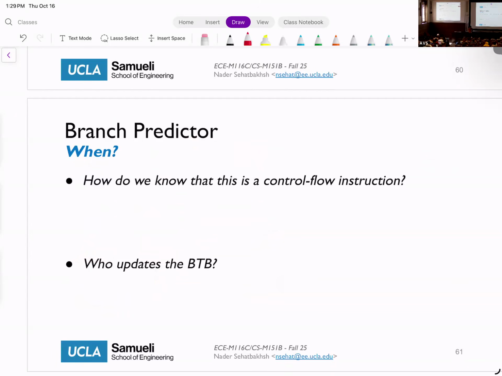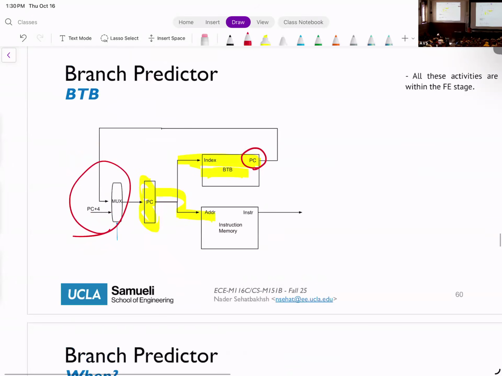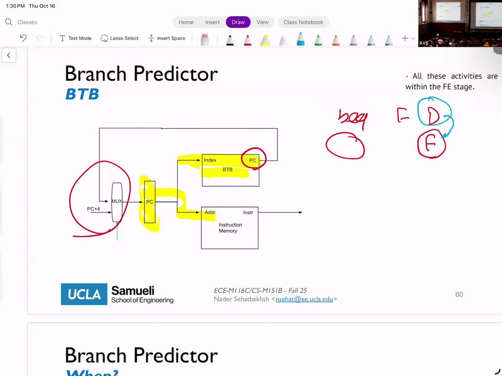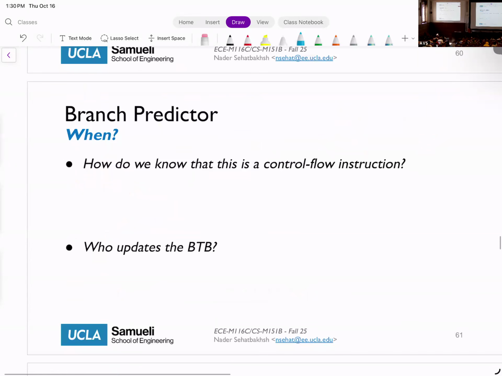Okay, so let's go back to the timing of this. Remember I had a BEQ and I said fetch and decode, and now I need to have this target instruction, and this target instruction is in the fetch state, right? So now I need to make sure the mechanism is working correctly. Once I decode the branch instruction, I need to somehow look into this table and update my PC, right?